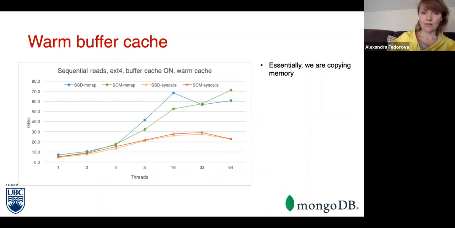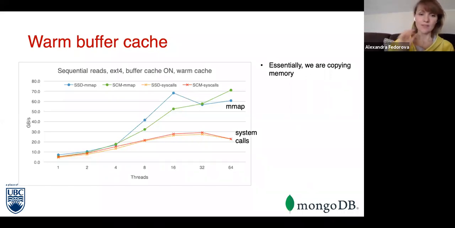The reason why I'm showing you this slide is to highlight the difference between using mmap versus system calls. Using mmap is important here because we're reading the data so much faster that using a more efficient access method becomes essential.